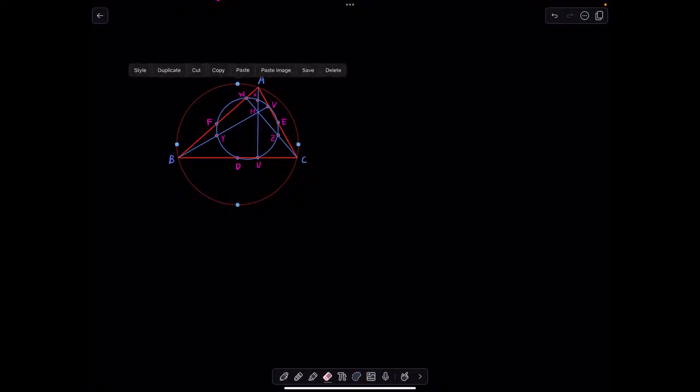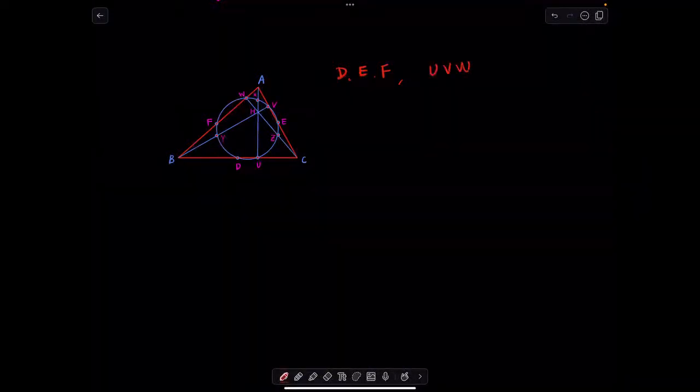Okay, all right, so we have the blue circle that goes through the midpoints, right, which is D, E, F. Earlier we have proven that on the same circle are the feet, which are U, V, W. Now we need to prove X, Y, Z. Let's pick a point, right?